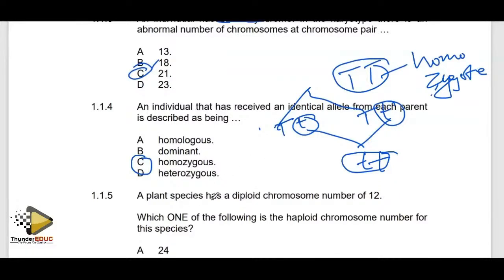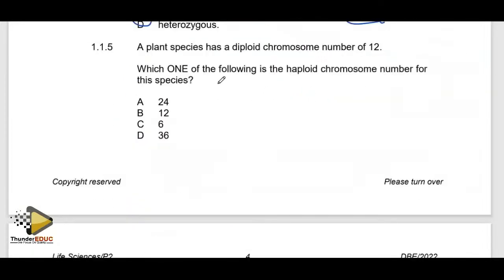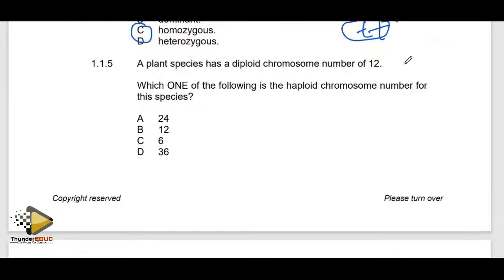Then the next question, they are saying that the plant species has a diploid chromosome number of 12. Which of the following is a haploid chromosome number for this species? It means that if it is diploid, di means 2.